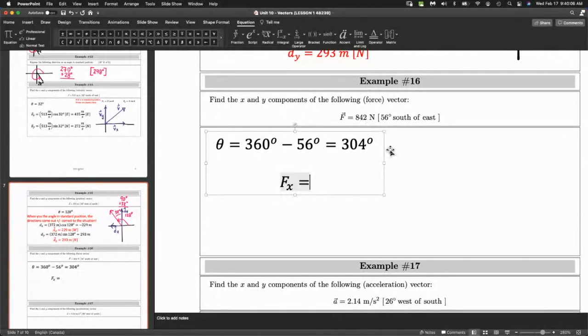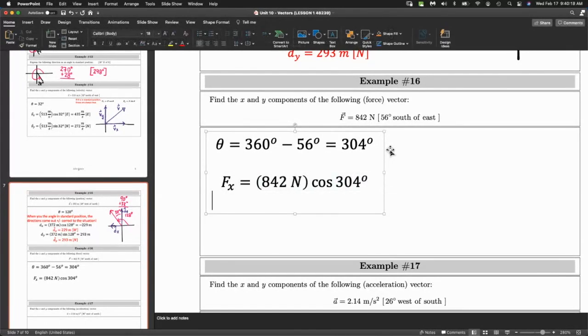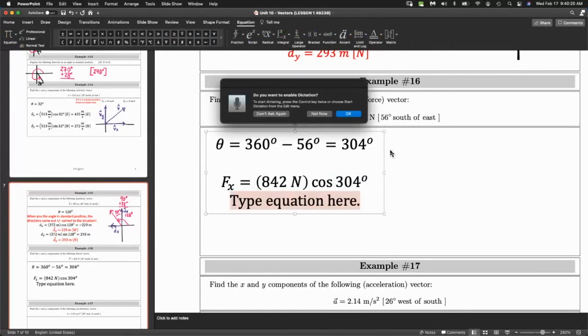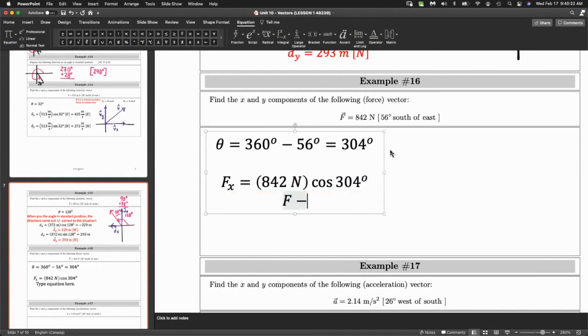So Fx is going to equal 842 newtons. In this case, it's a force. It's newtons. Cos 304. And Fy component is 842 newtons sine 304.